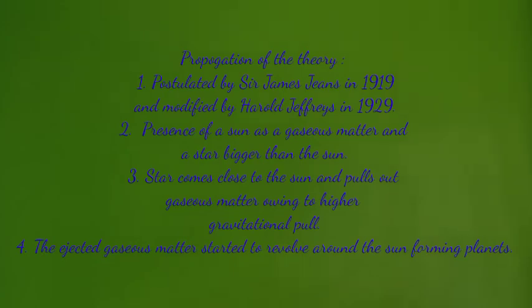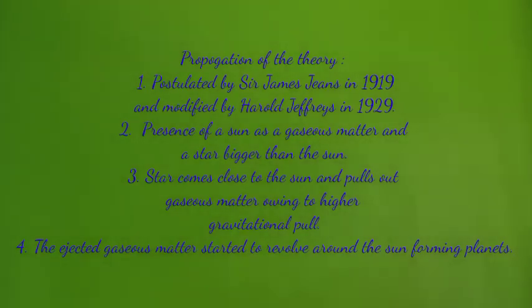And as it came closer to the sun, a cigar-shaped gaseous portion of the sun started ejecting out of the sun. And this all happened because of the gravitational attraction caused by the bigger star that happened to pass by the sun.